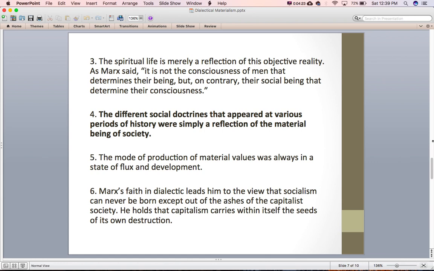Marx said that this will lead to a synthesis of a classless and stateless society. Thus, according to Marx, socialism will emerge out of the ashes of capitalism. In his words, capitalism carries within itself the seeds of destruction, and finally, capitalism will come to an end and communism will emerge as the victorious one.